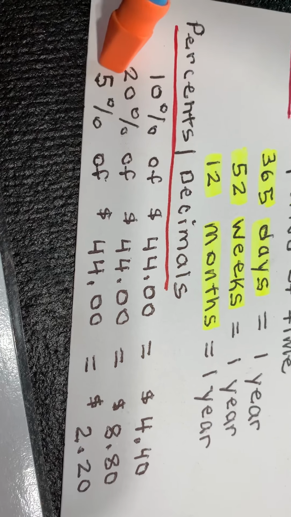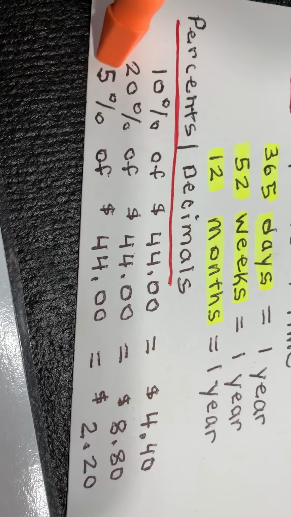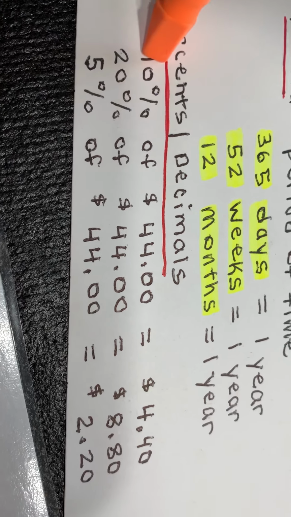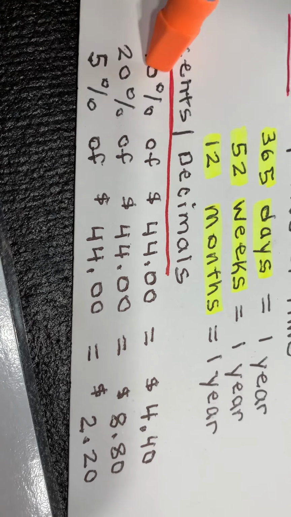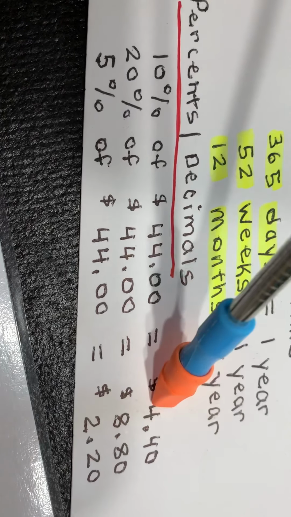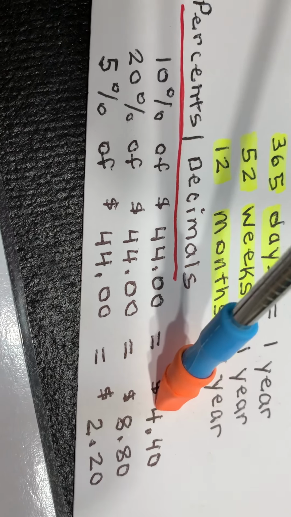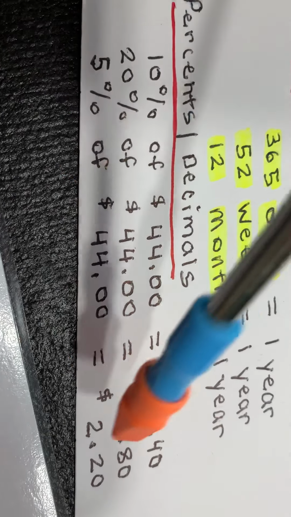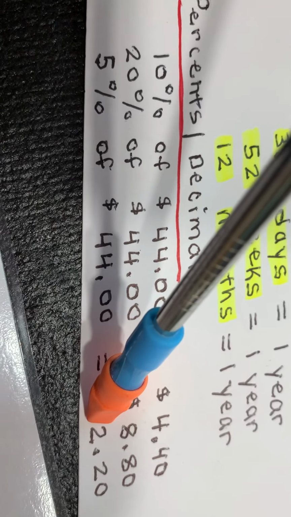Now let's talk about 5% because that's also a common percentage that we use in story problems. 5% is half of 10%. We know 10% of $44 is $4.40, so half of $4.40 is $2.20. So 5% represents $2.20.